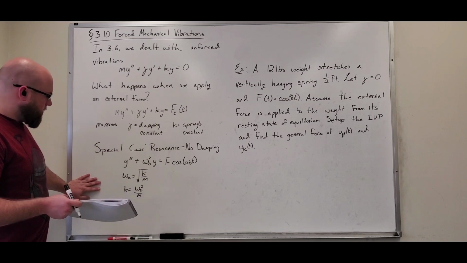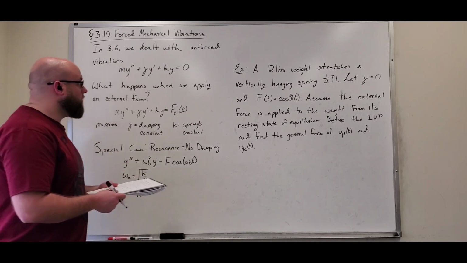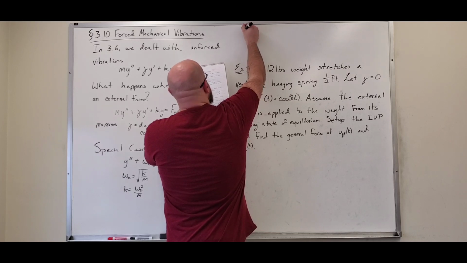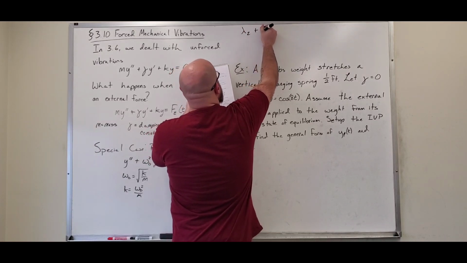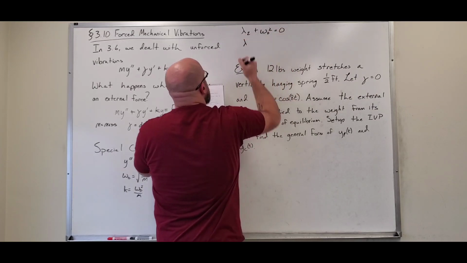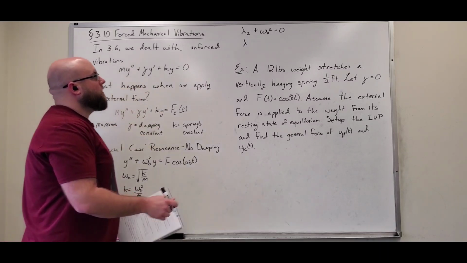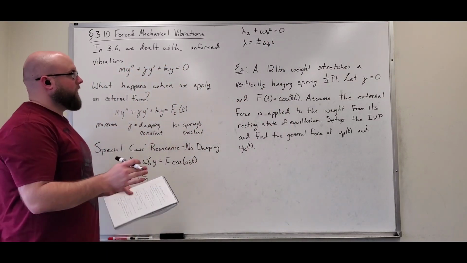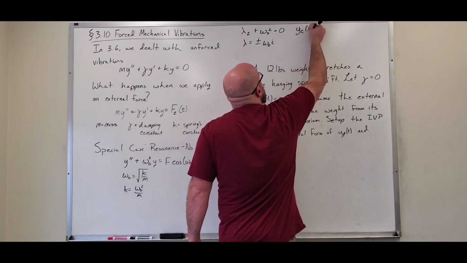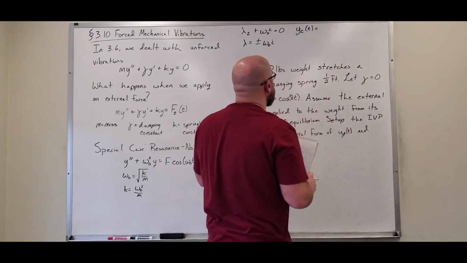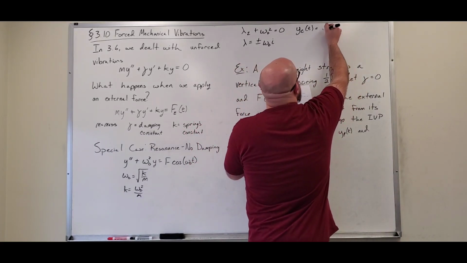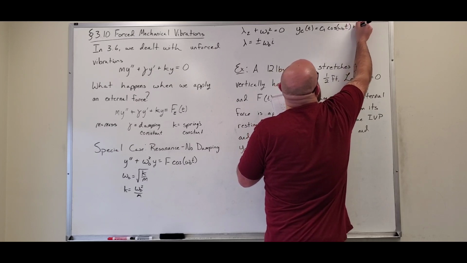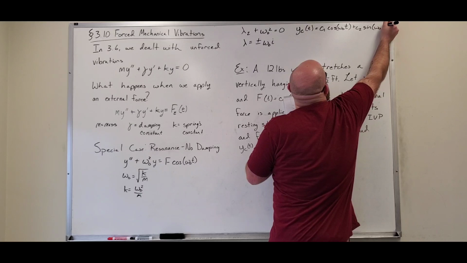Okay, so one important note, now that we know how these values are found: our characteristic equation, again, that's where we're solving for the homogeneous, is going to lead us to plus or minus omega i, which means our complementary solution is going to be of the form c1 cosine of omega sub 0 t plus c2 sine of omega sub 0 t.